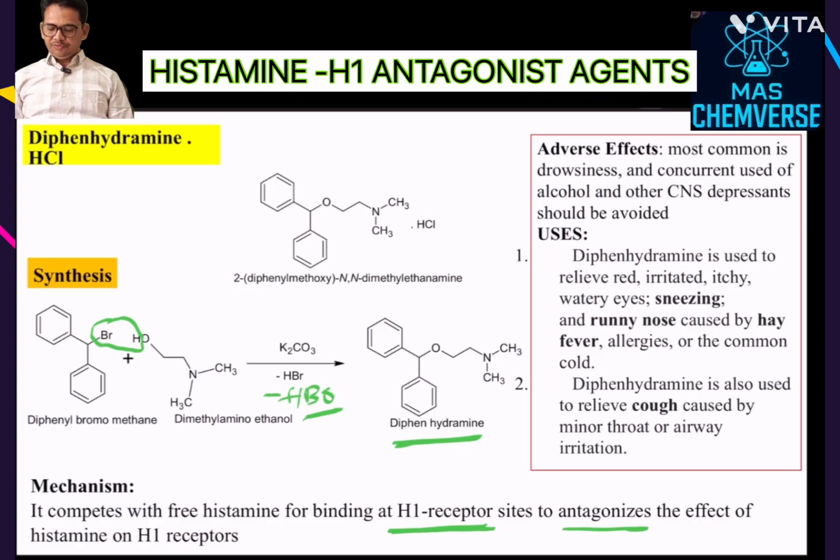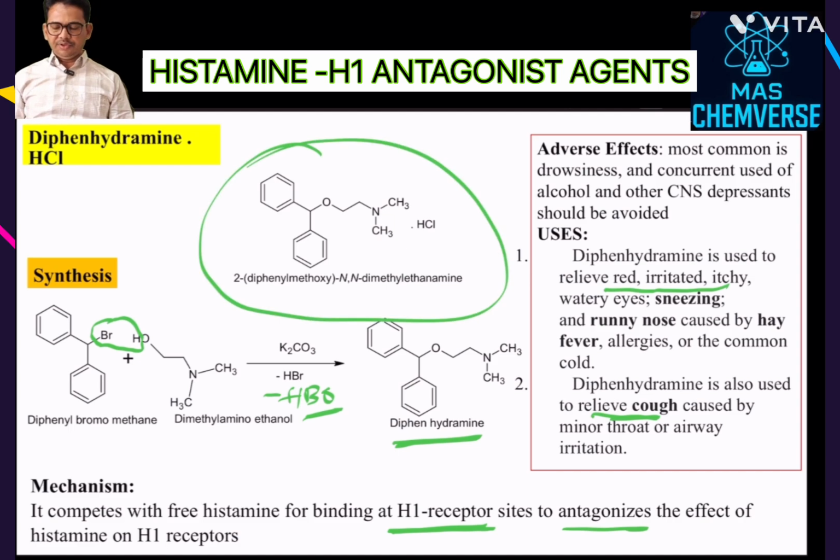When it comes to the uses, it is used for irritating eyes, red eyes, watery eyes, and sneezing is also stopped, along with various types of allergies. It is also useful in relieving cough. These are the main uses of diphenhydramine. This drug is very important for you while you are studying.